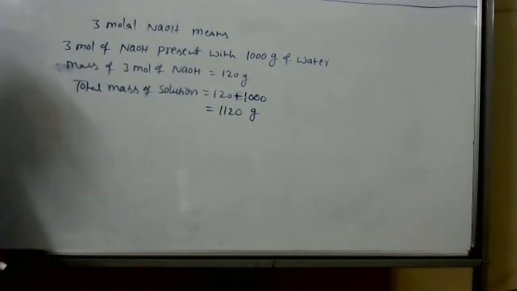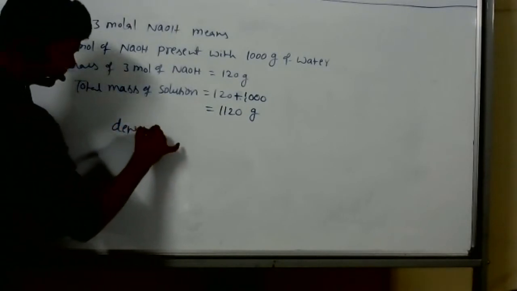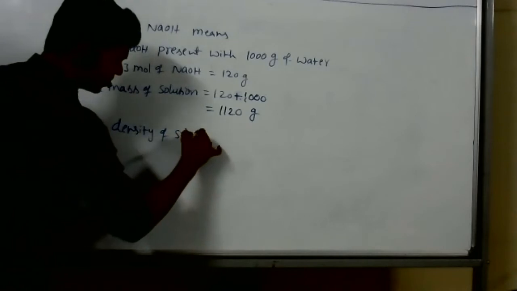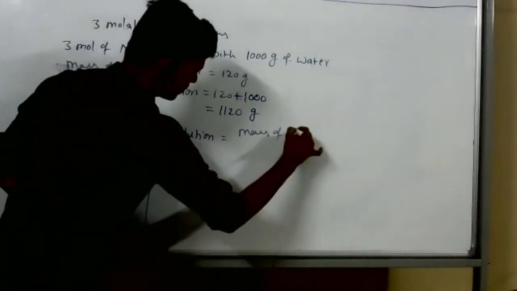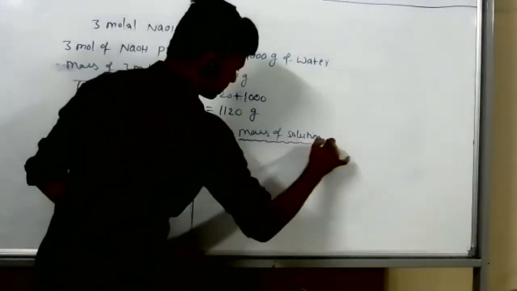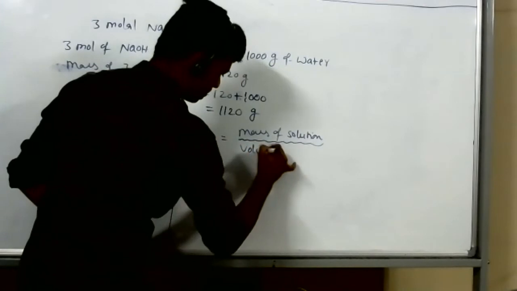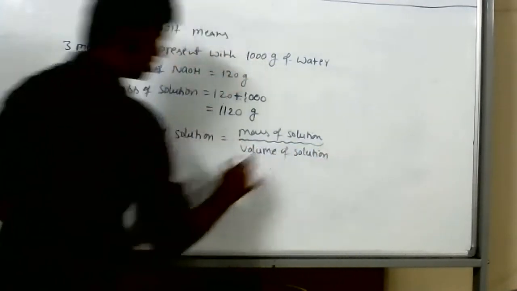We know the density formula: density is equal to mass divided by volume. So density of solution is mass of solution divided by volume of solution. We have to calculate the volume of solution.